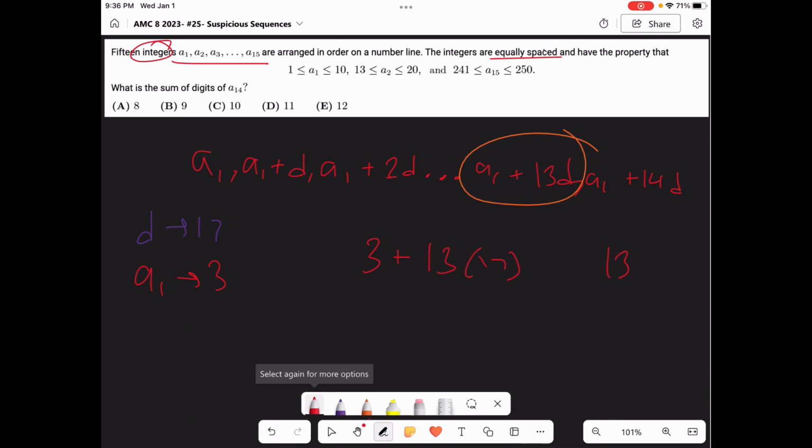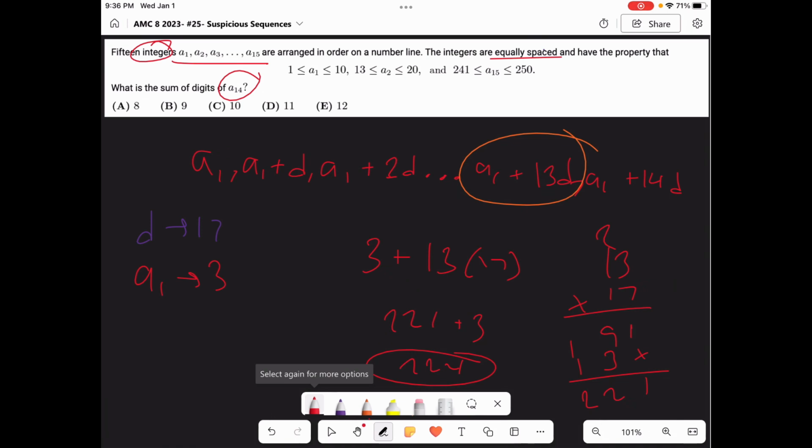What's that? 13 times 17 is 221, plus 3, which is going to be 224. And that is our final answer. That is what A14 is.